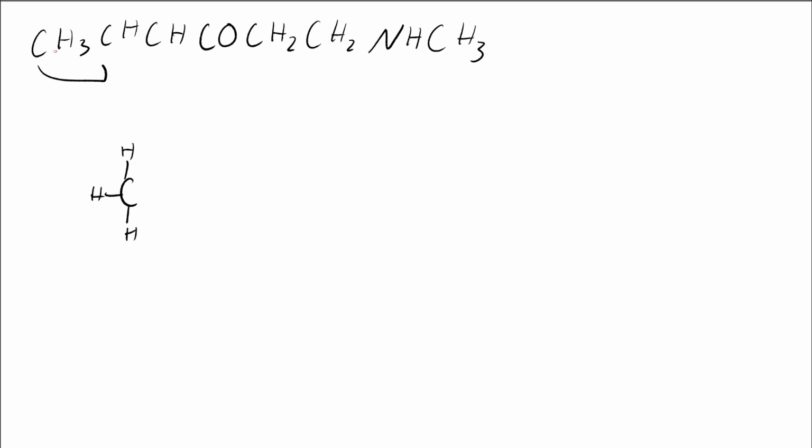So notice that this is at the end and that's at the end. Those are terminal carbons. It's attached to another carbon that has a hydrogen, and then that carbon is connected to a carbon that has a hydrogen, and it's connected to a carbon that has an oxygen, and another carbon that has 2 hydrogens.